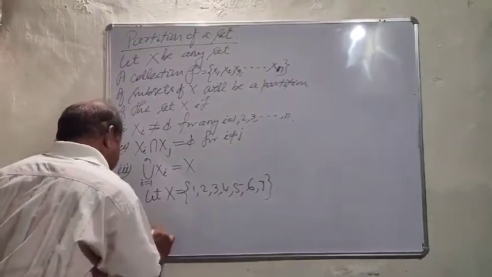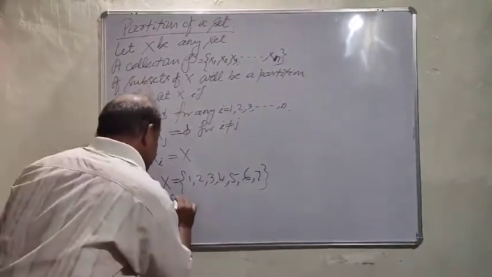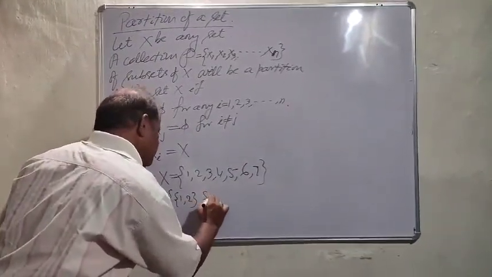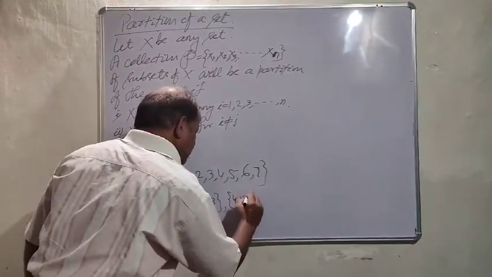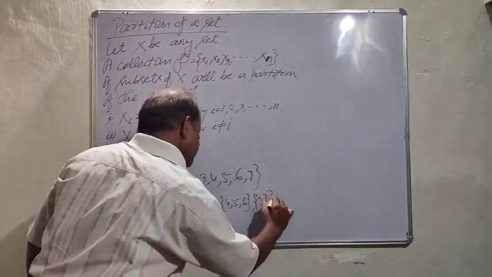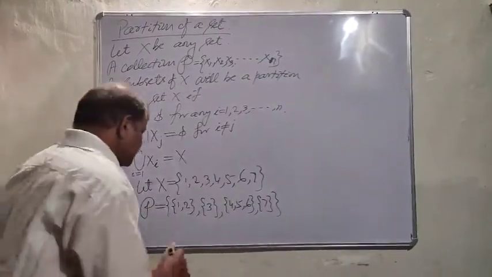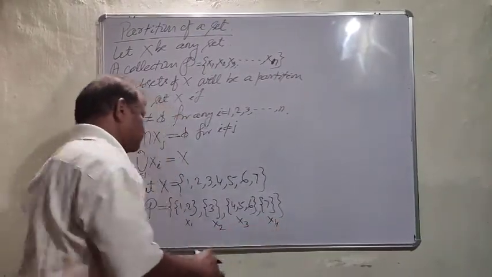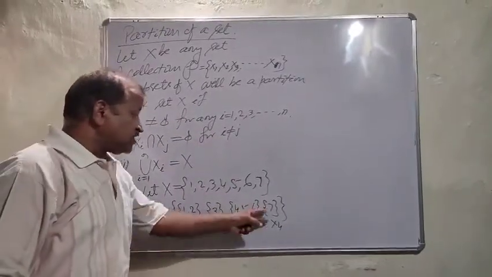Let our P be the set of subsets, say {1, 2}, {3}, {4, 5, 6}, then {7}, right? You see, suppose this is x1, this is x2, this is x3, this is x4. We have 4 subsets.